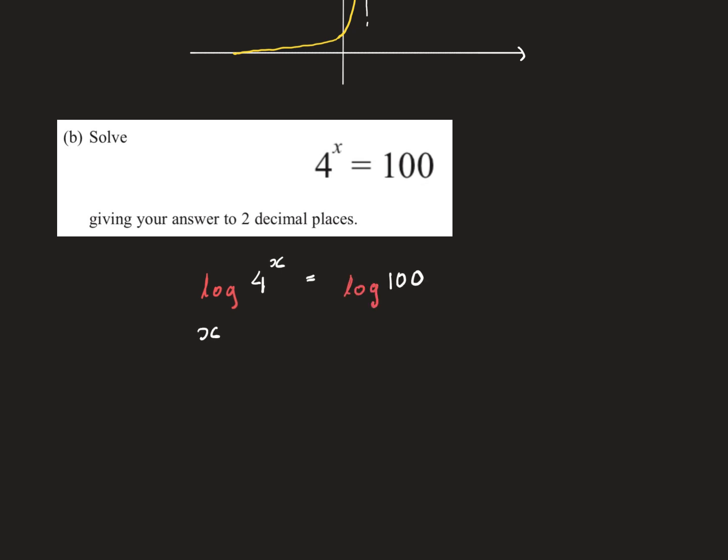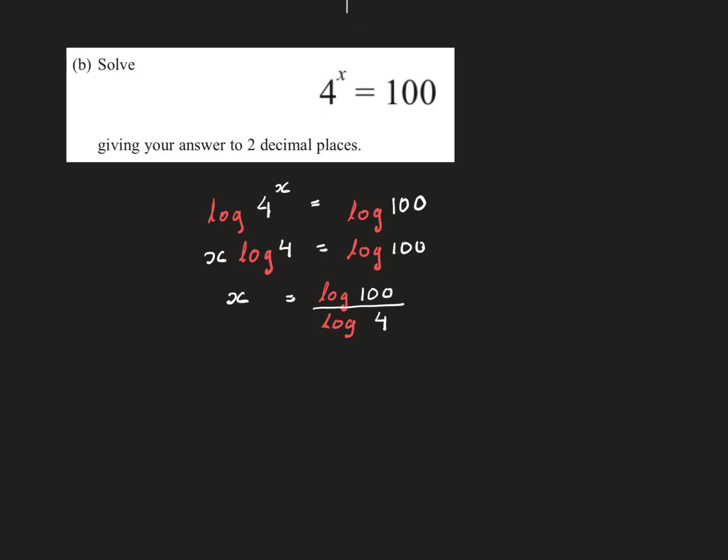Continue using the log laws, which will mean that we have x log 4 is equal to log 100. This method will give you 1 mark, and the answer in decimals will give you another mark.